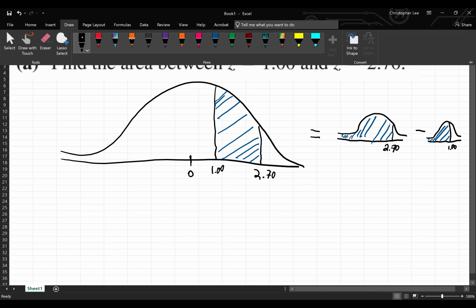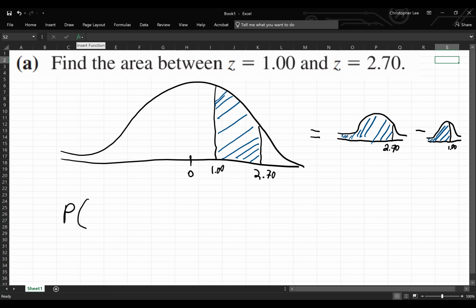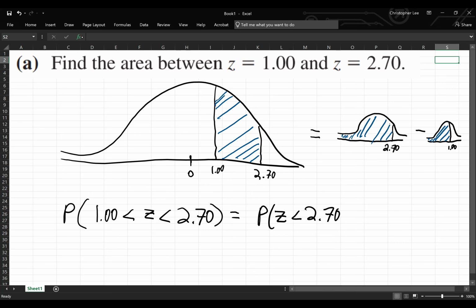Using the formula, essentially what I'm asking is: what's the probability between 1.00 less than z less than 2.70? I'm telling you to take the area to the left of 2.70, so that's the probability of z less than 2.70.